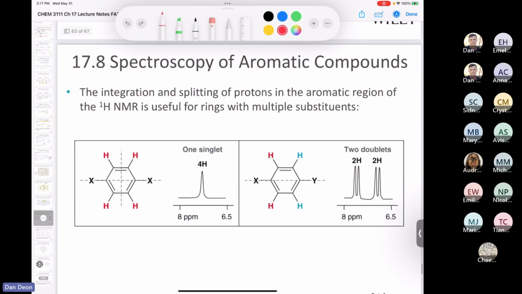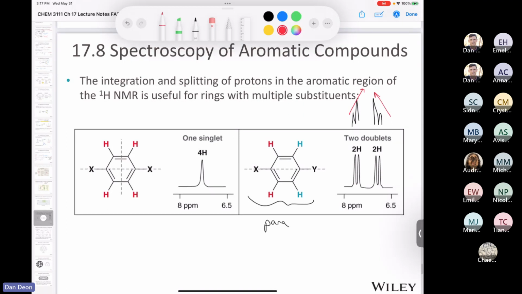And yes, we can use proton NMR to determine substitution patterns. This is a really important one that I would have taught you in Organic 1. If you have para substitution, you're going to have two doublets, or what we call a doublet of doublets. Oftentimes they're leaning in towards each other, where one is pointing this way and one is pointing that way. So a doublet of doublets for para substitution.